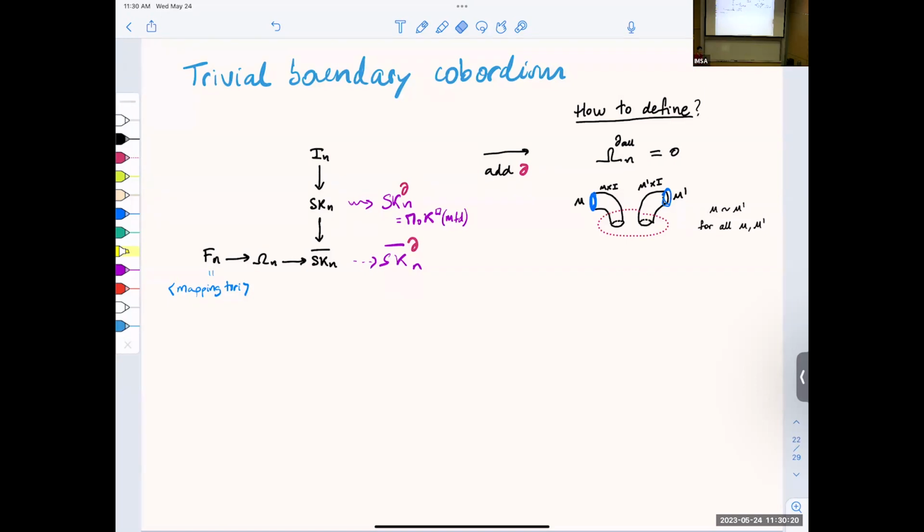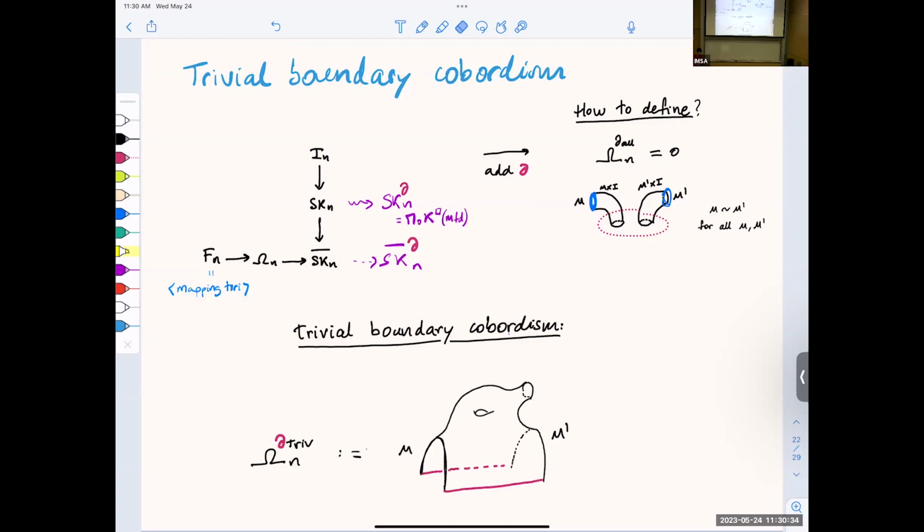If you establish some conditions or restrict what you're allowing as a boundary, then you do end up with situations where you have non-trivial theories. So in our framework, we decided to work with what we called trivial boundary cobordism. And what is this? Well, the picture is already very suggestive.